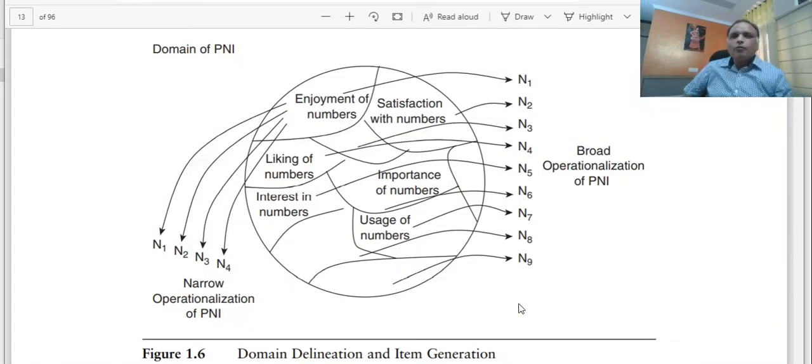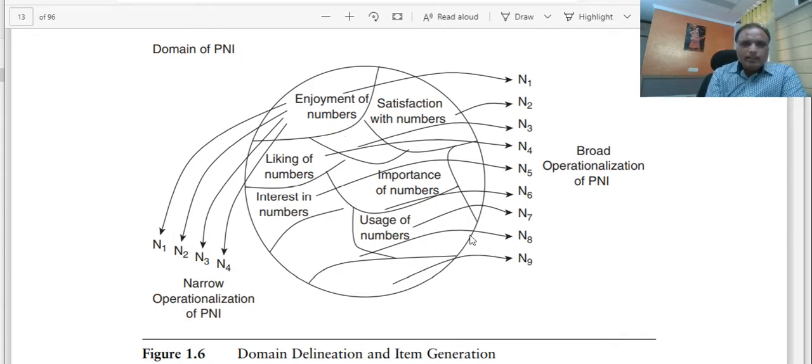So here you can see how we make these items, and here we have one domain. How we make items of that domain: this whole circle is one particular construct. It has these 1 2 3 4 5 6 dimensions, but together they are reflecting on the main domain, right?